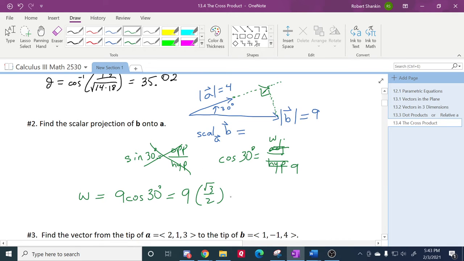And I got approximately 7.79. Okay. And that's the same as the scalar projection of B onto A. All right. Give me a little feedback on number 2.